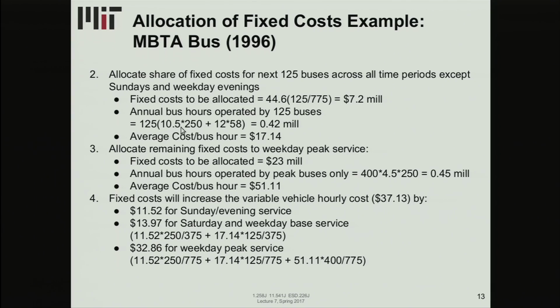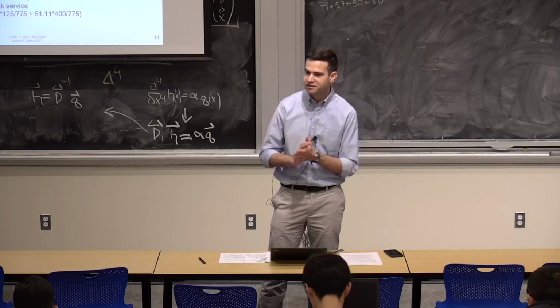Well, it's the 10.5 hours, excluding the evening during the weekdays, times 250 weekdays, plus the 12 hours on Saturdays, times the 58 Saturdays. So that's 0.42 million bus hours, and 7.2 divided by 0.42 is $17.14 average cost per bus hour. Do you follow? Any questions on this?